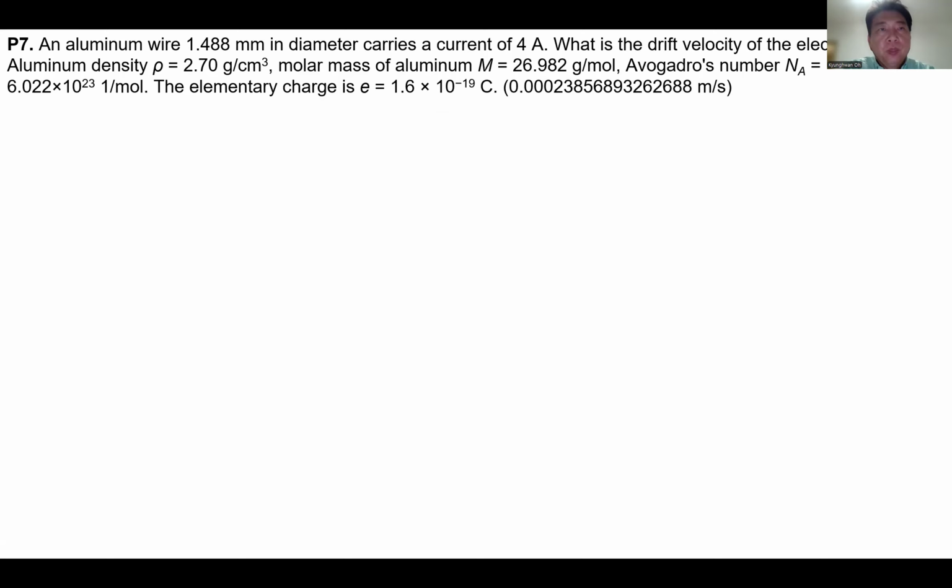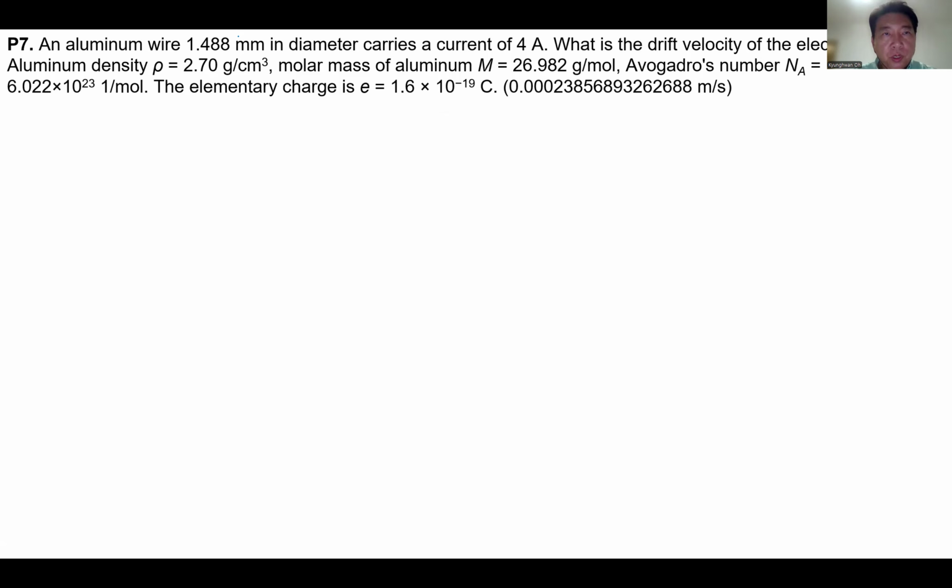Okay, now let's move on to the next one. Aluminum wire with this diameter carries a current of 4 ampere. What is the drift velocity of electrons? So now we have a different aspect of the current. So all of this is related with the current. In previous cases we were dealing with the cases where the charge is given as a function of time so that we can take the derivative to get the current.